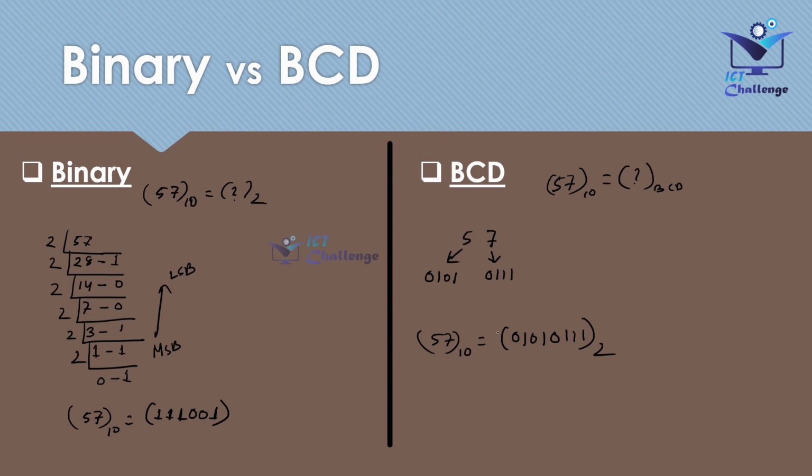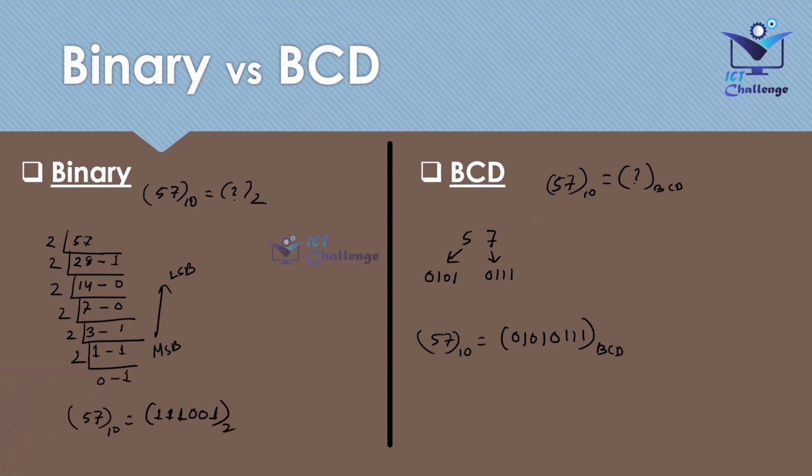So are those numbers the same? Absolutely not. This is 111001 and this is 01010111. So that means those two are not the same. Sorry, we have to write here BCD. This is our BCD code and this is our binary.